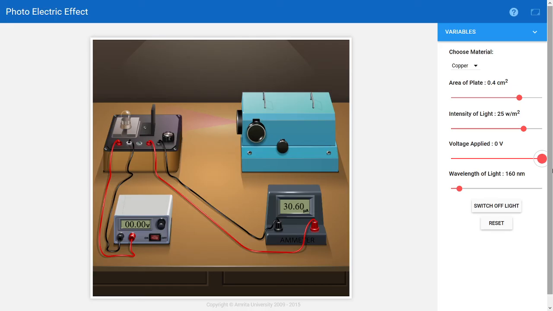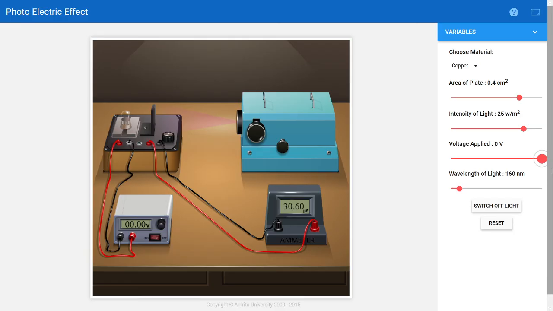Now I am telling how to take the values V versus I. Keep one column for V, one column for I. For 0 volt, the I is, suppose, 3.60 microampere.